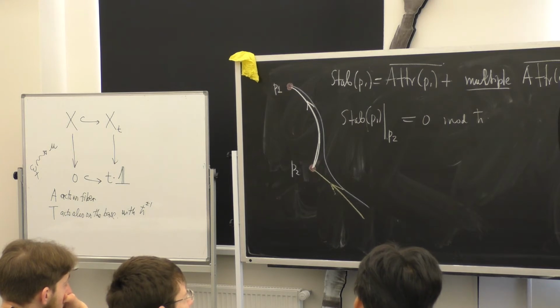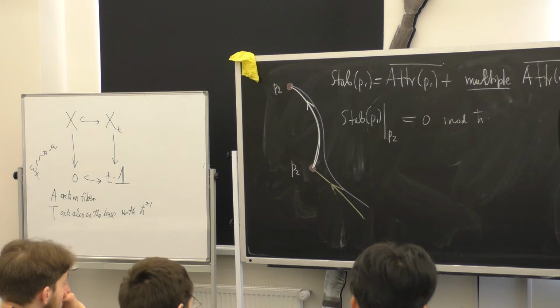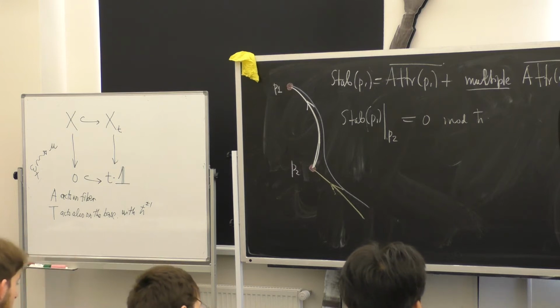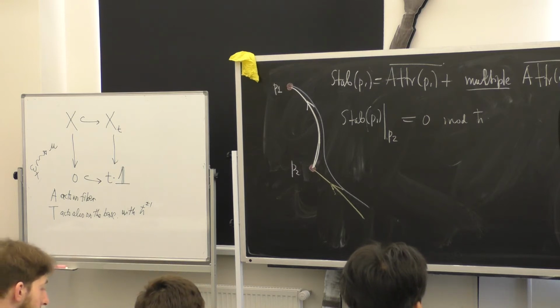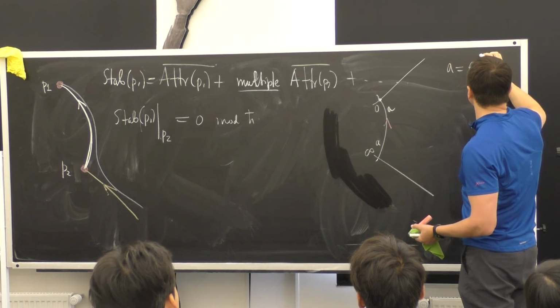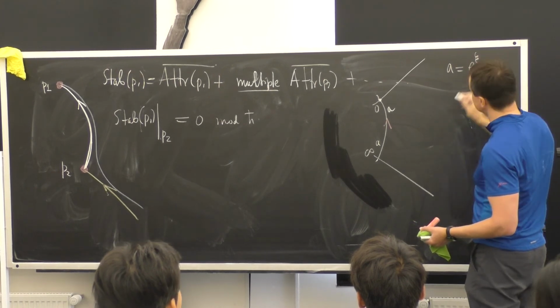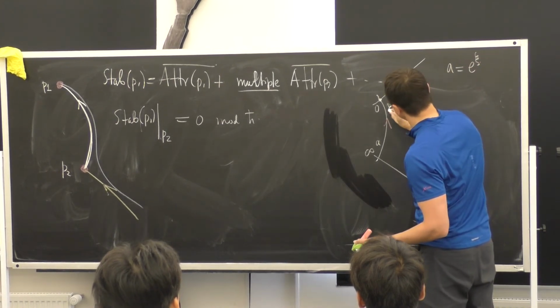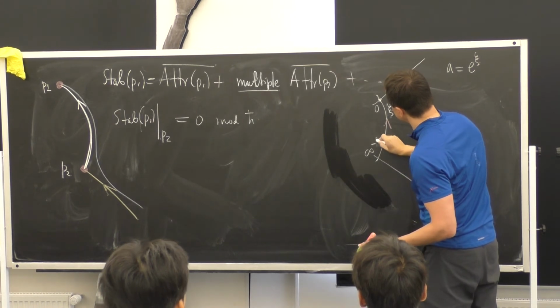And then if this weight is A, then this weight is A inverse. Since I know cohomology, I want additive notation. So maybe I'll take A to be the exponential of psi. So we put psi here, minus psi there.